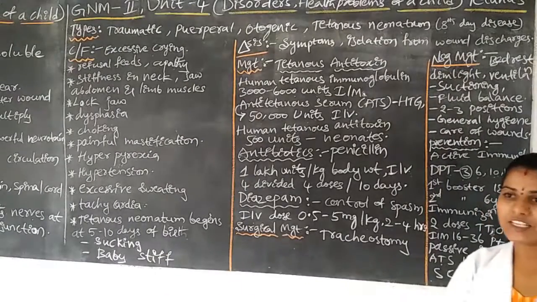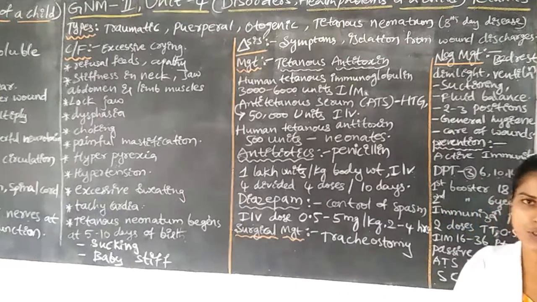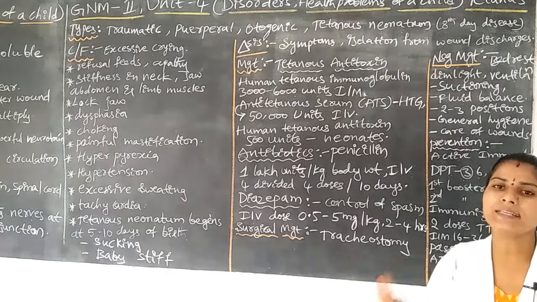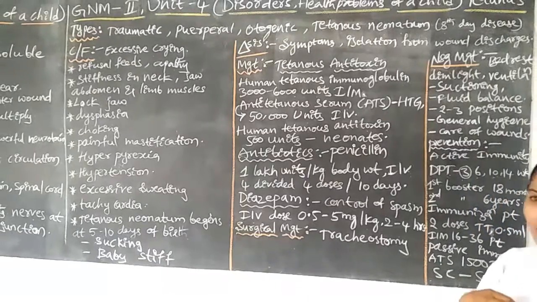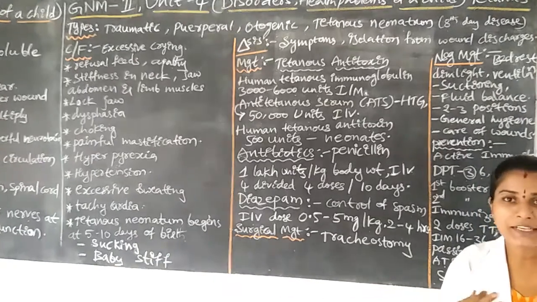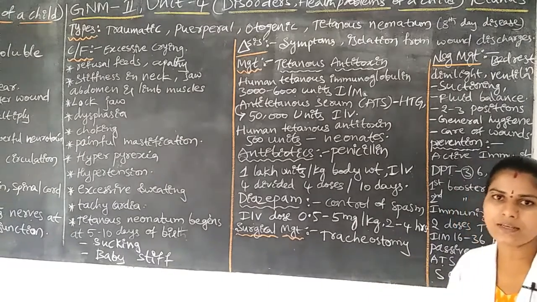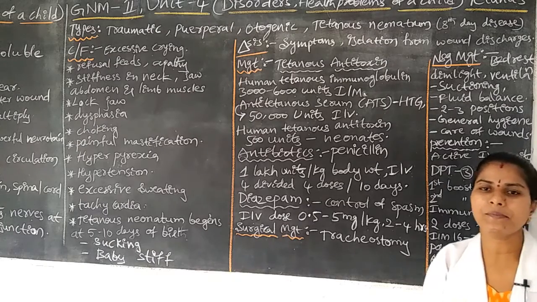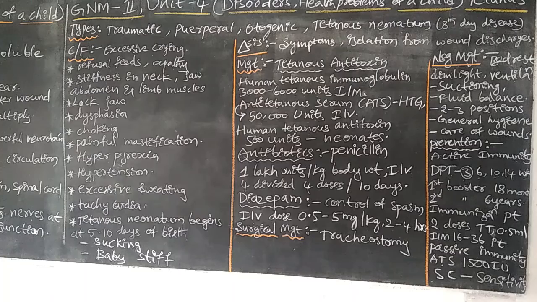By administration of tetanus toxoid vaccine to the pregnant woman, we prevent neonatal tetanus. And also one reason is there, during the intranatal period, during delivery, the mother may get this tetanus disease. For the prevention of this risk we have to administer the TT injections to the pregnant woman.